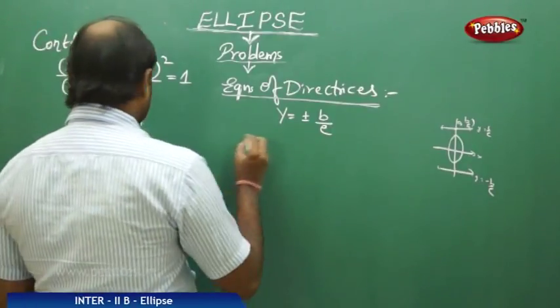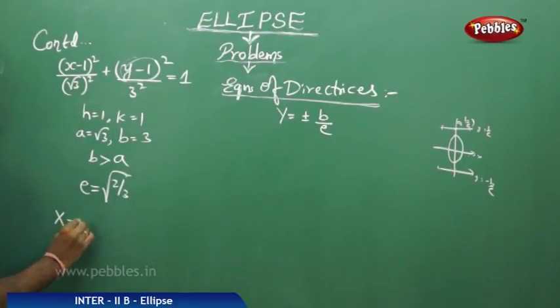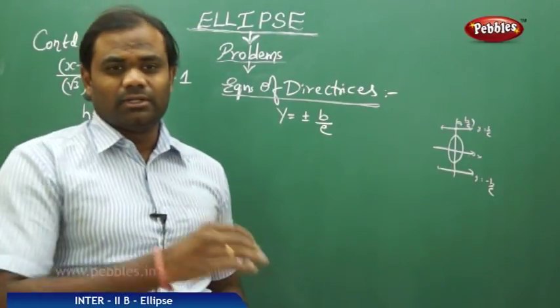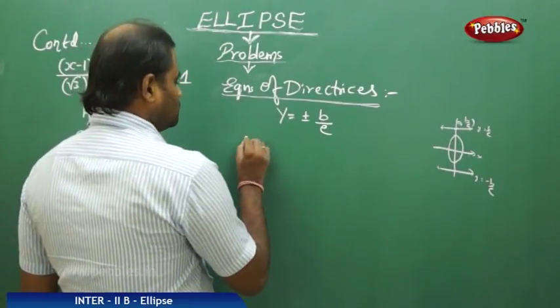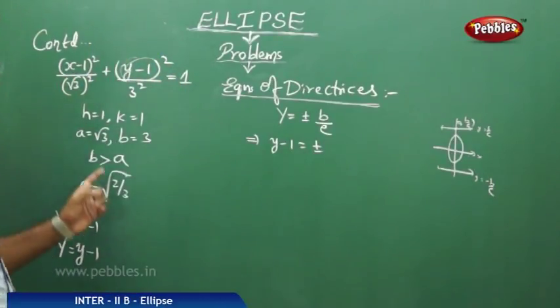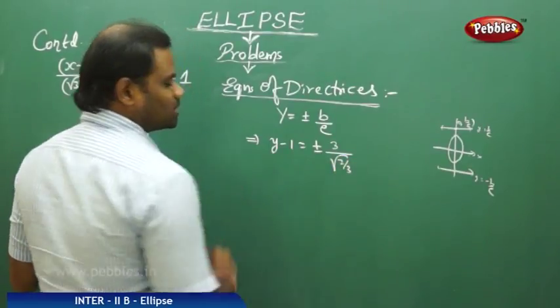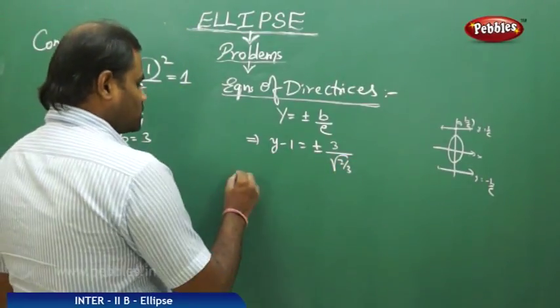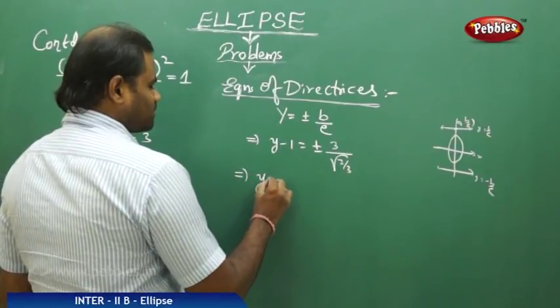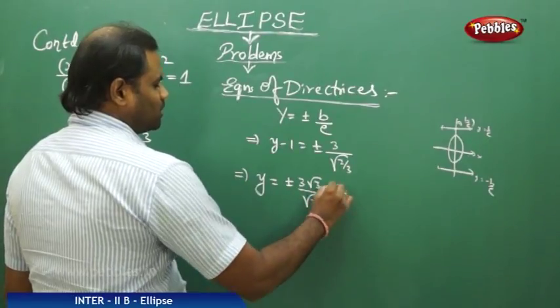That is, my capital Y, which is y minus 1, because if I take capital X as x minus 1, my capital Y is y minus 1, is how we take the transformed equation. That implies y minus 1 is plus or minus b over e, which on further simplification gives y equals 1 plus or minus 3 root 3 by root 2.